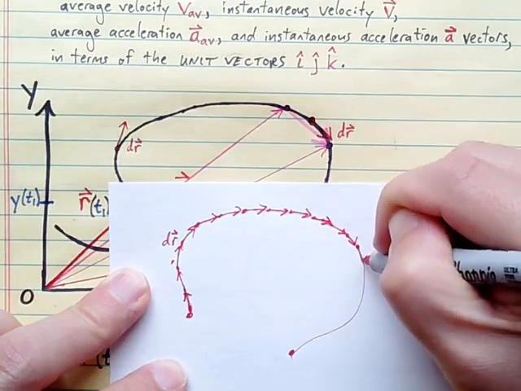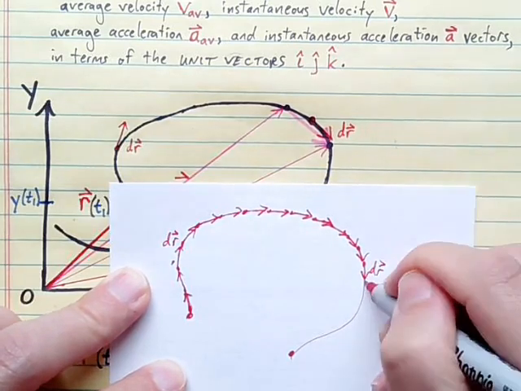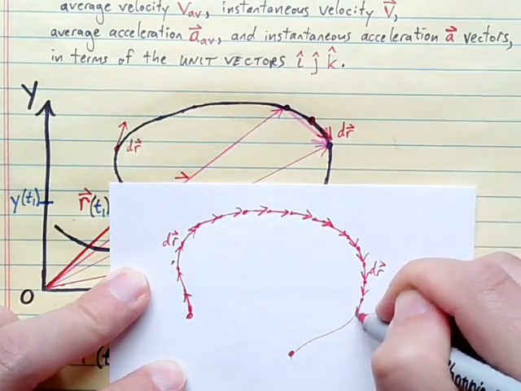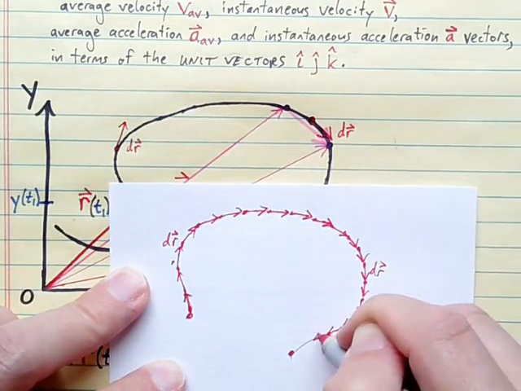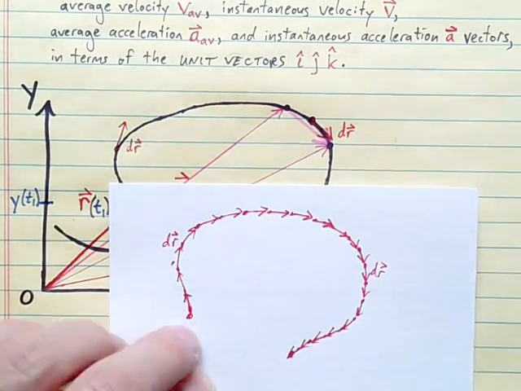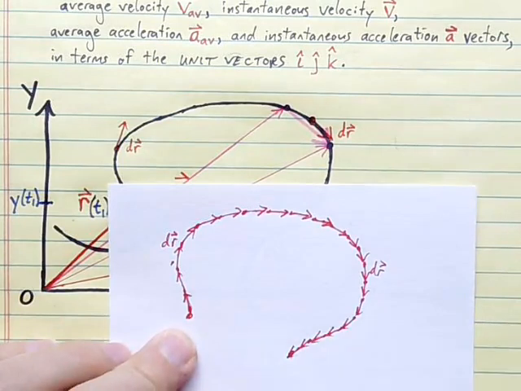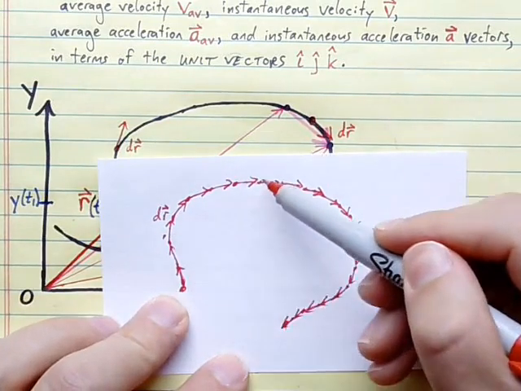So if I add up all of these little displacement vectors, all these little drs, well, we know how to add vectors. And we know the head to tail method for adding vectors. So if I add up all of these drs, well, they're infinitesimally small and we'll need an infinite number of them to complete that whole path.